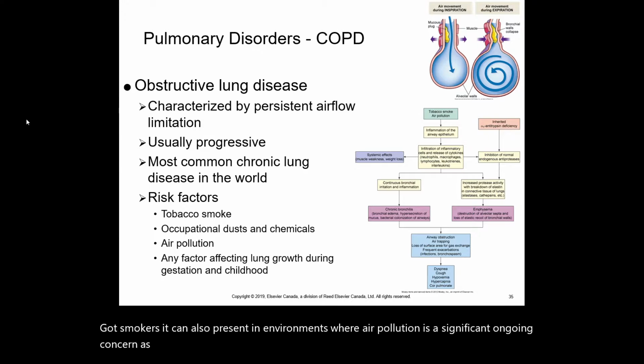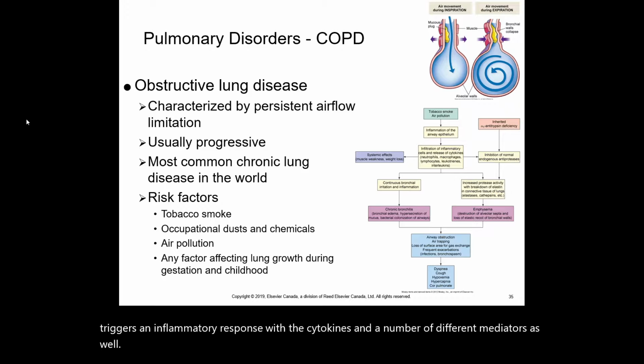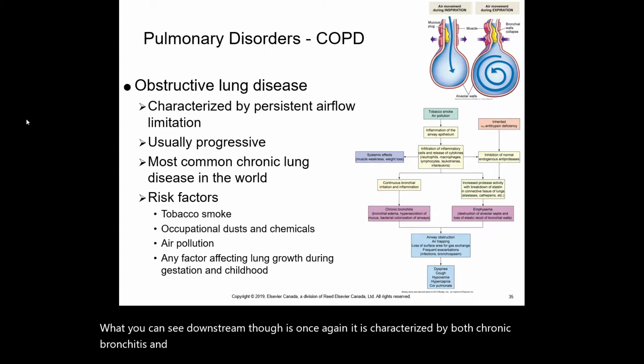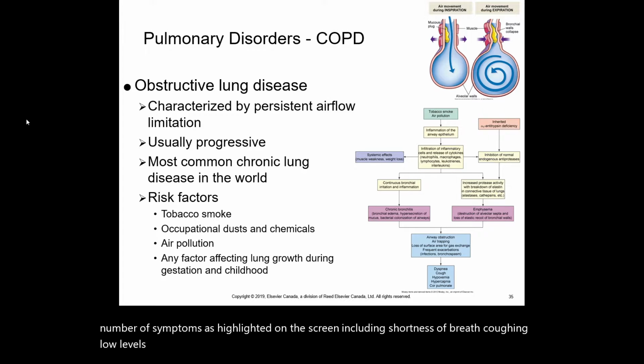It once again is associated with inflammation of the airway, and that triggers an inflammatory response with the cytokines and a number of different mediators as well. What you can see downstream is that it is characterized by both chronic bronchitis and emphysema, leading to an airway obstruction, and it does present with a number of symptoms as highlighted on the screen, including shortness of breath, coughing, low levels of oxygen, and high levels of CO2 as well.